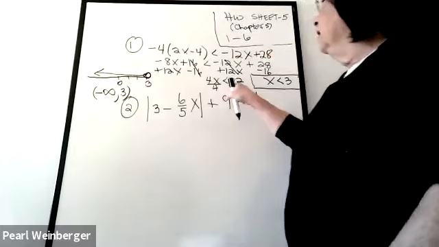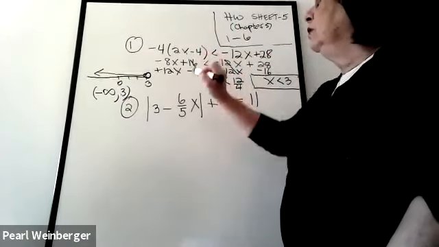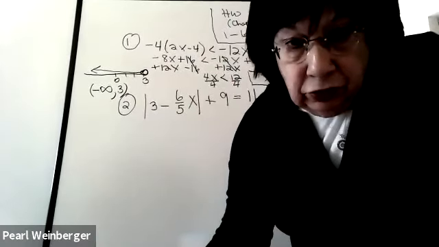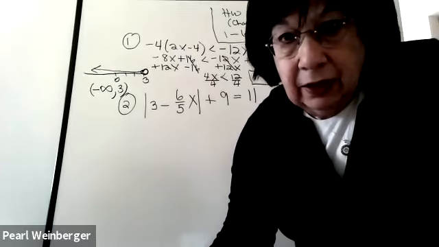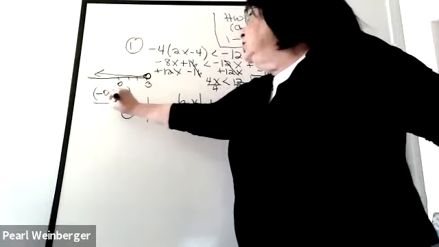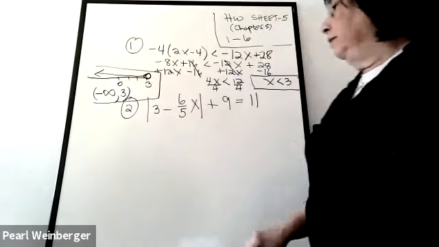If this would have said less than or equal to, we would have filled in the circle and we would have used a bracket. So that would be the solution in interval notation. Okay, so when it says interval notation, you want to do this. When it says graph, you want to do that.